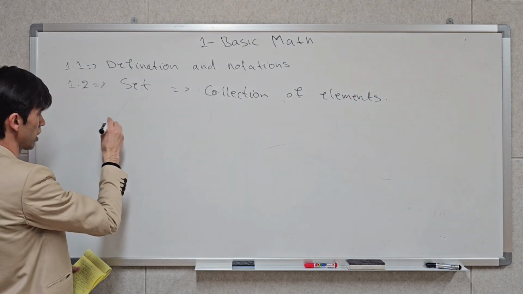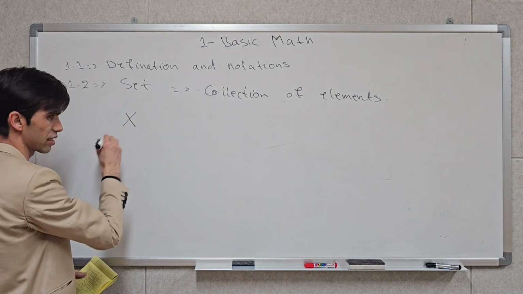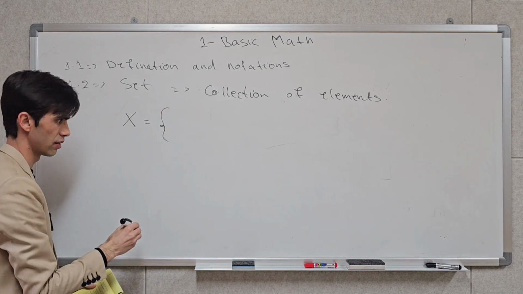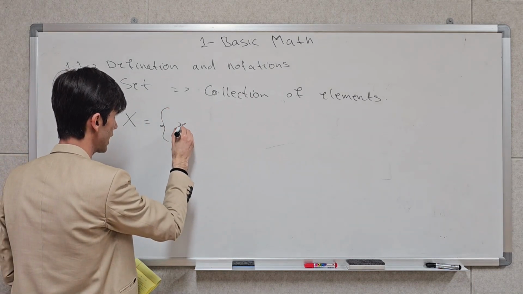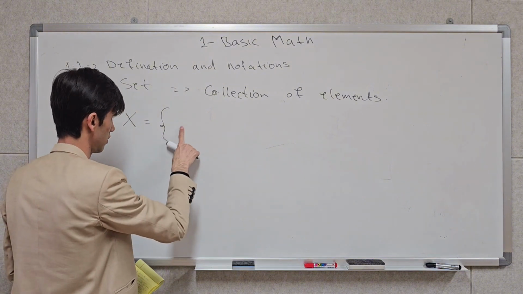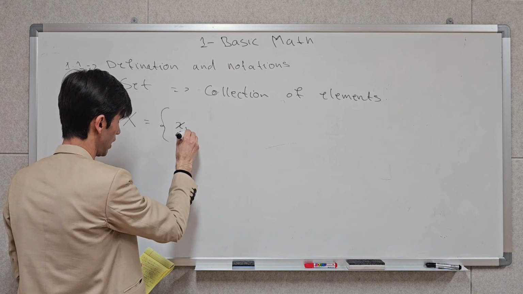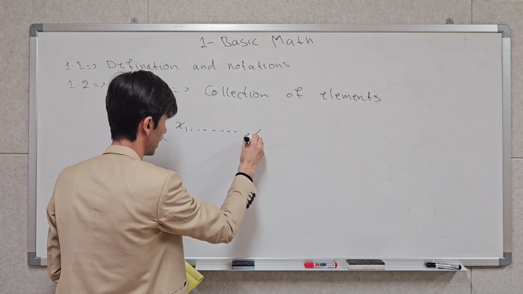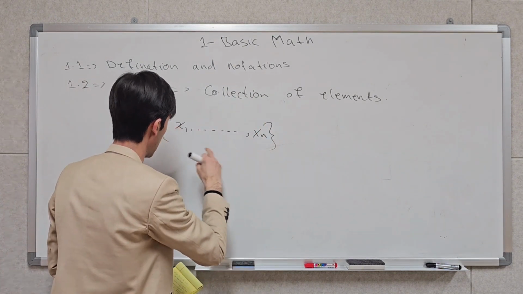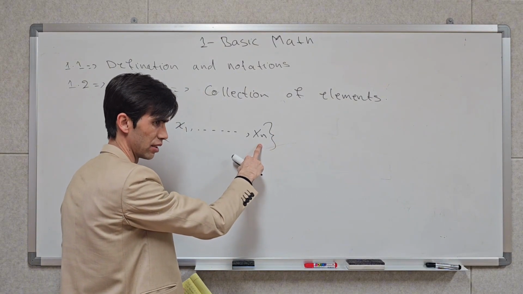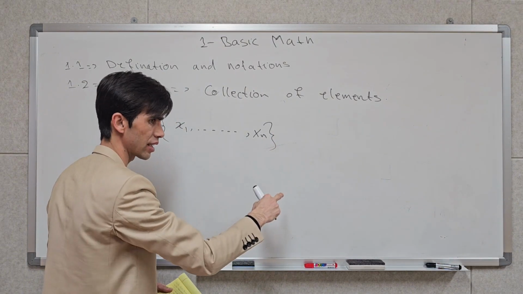In terms of notation, for example, when we write X as a capital letter, X is a set of x1, for example, up to xn. Again, x1, x2, up to xn can be anything, just elements.